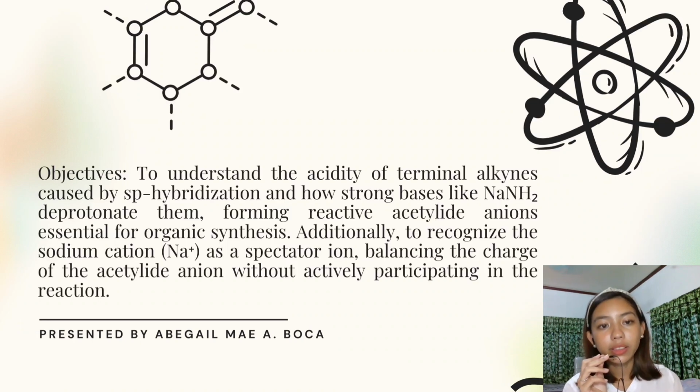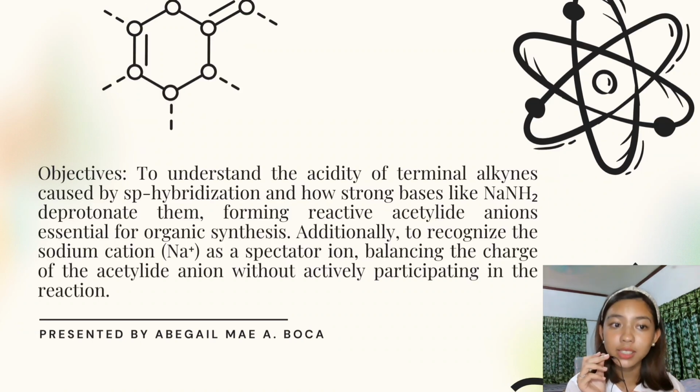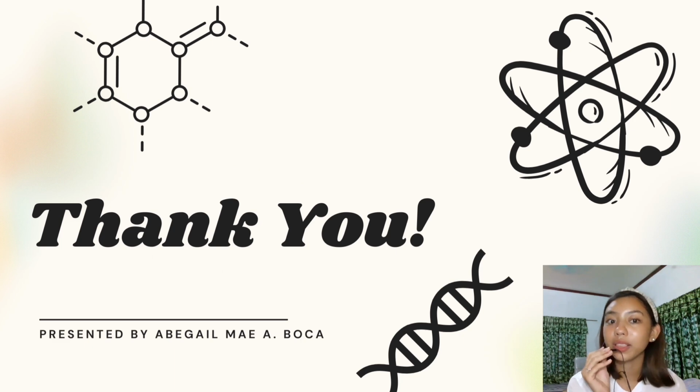It is important that throughout this whole process, the sodium cation acts as a spectator ion. It is present but not actively participating in the reaction. Its role is to balance the charge of the acetylide anion that forms during the reaction. So that ends my topic, and I hope you understand.